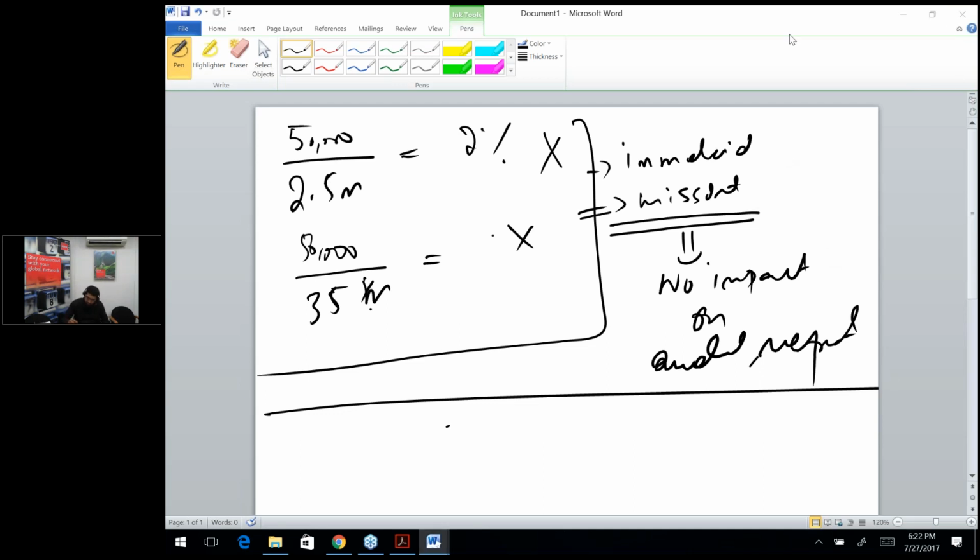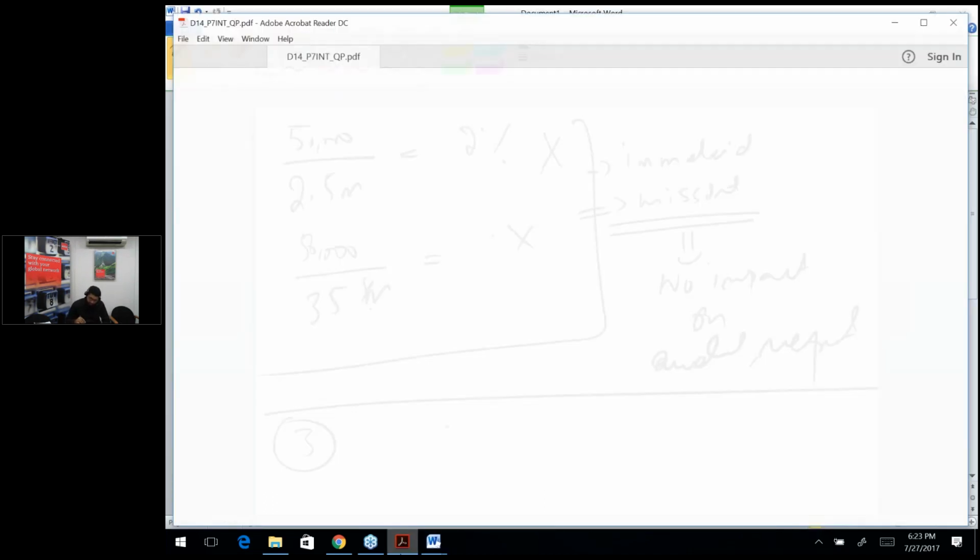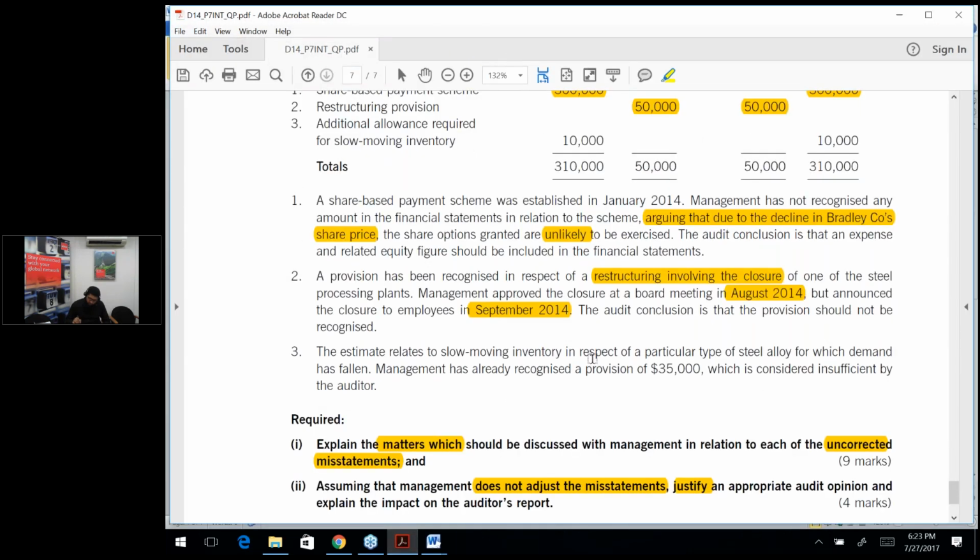Okay, let's move forward. The number 3 thing is additional allowance required for slow moving inventory. Let's talk about that. What exactly is it? It says the estimate relates to slow moving inventory in respect of a particular type of steel alloy for which demand has fallen.